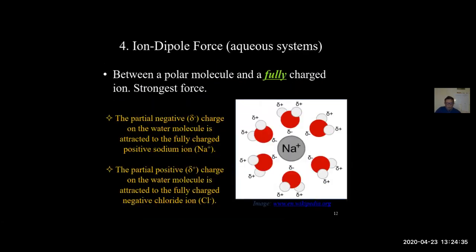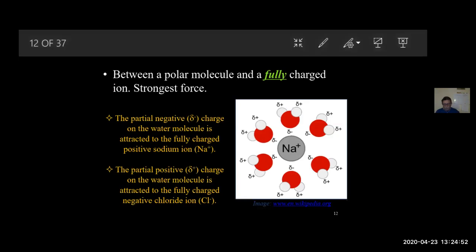Finally, the last example, which is called ion dipole forces, only applies to ions, ionic compounds. In that picture you can see there, you've got a sodium ion that is dissolved in water, completely interacting with the water molecules.